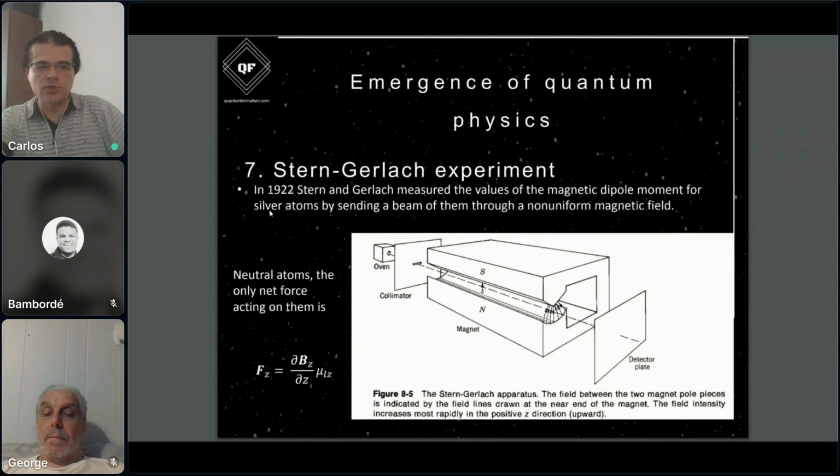They used silver atoms, and they wanted to show whether the angular momentum, that's one of the Bohr hypotheses, is quantized or not. So a silver atom beam from an oven is passed through a non-uniform magnetic field, and it is detected here in this detector.